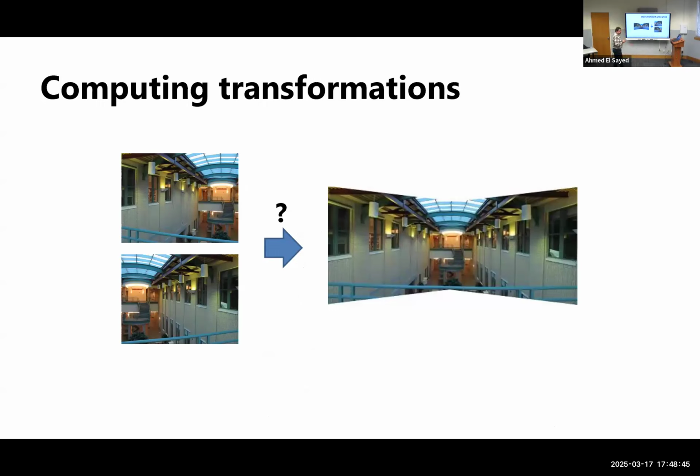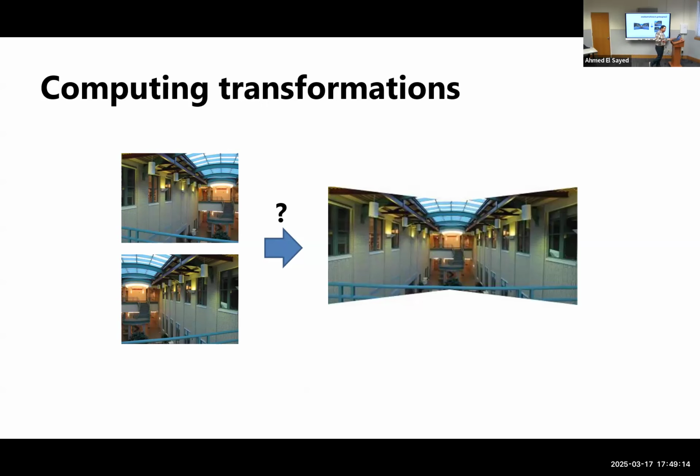But the question is, how can I find the transformation that converts an image from some specific view to another? I have this right now, and I have this, and I have matches in the points. How can I find the transformation between them that converts one to another?